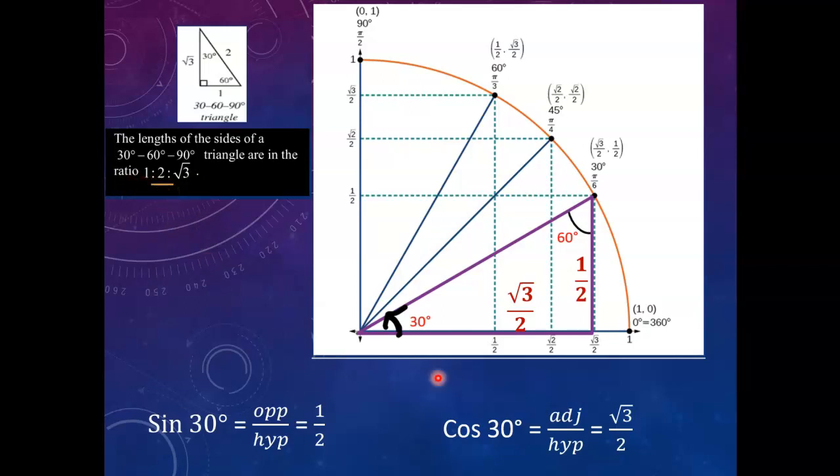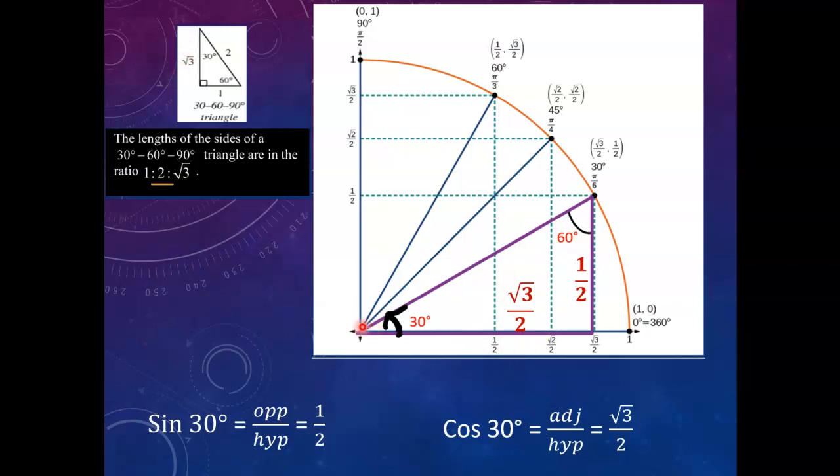So that's the very reason why the side here, which is opposite the 30-degree angle, becomes 1/2 instead of 1, because of the adjustment that has to be made due to the placing of the special right triangle inside the unit circle. And then the one opposite the 60-degree angle becomes square root of 3/2 instead of just square root of 3.